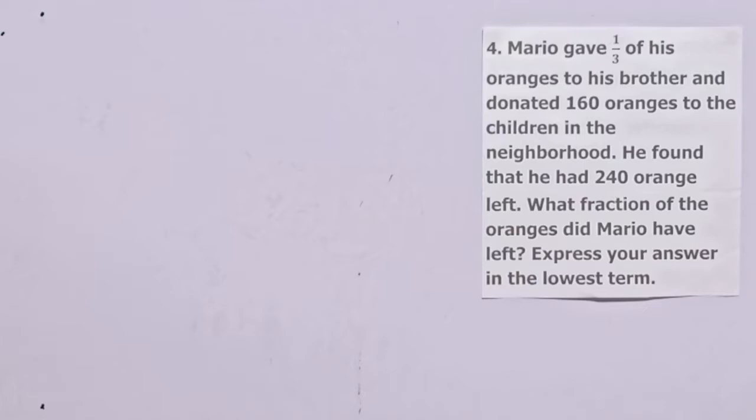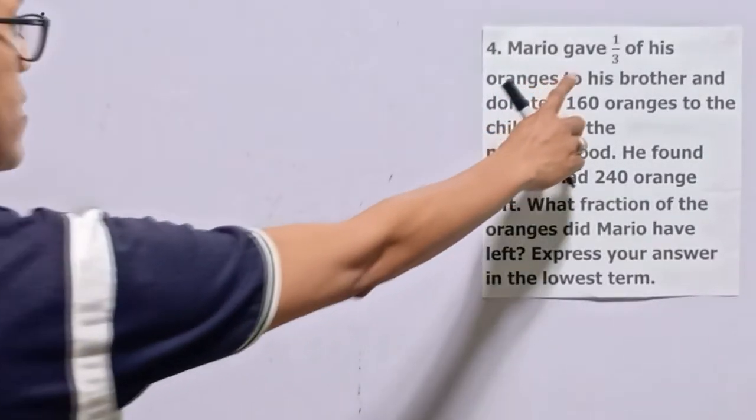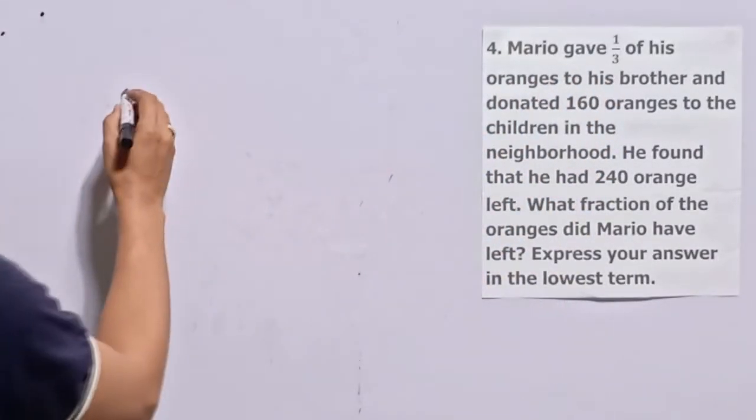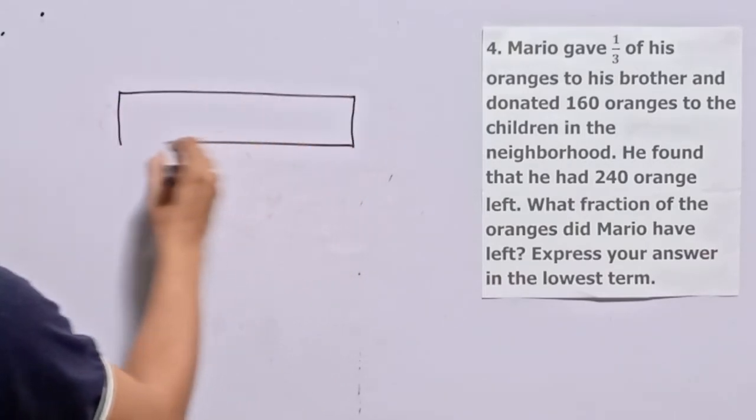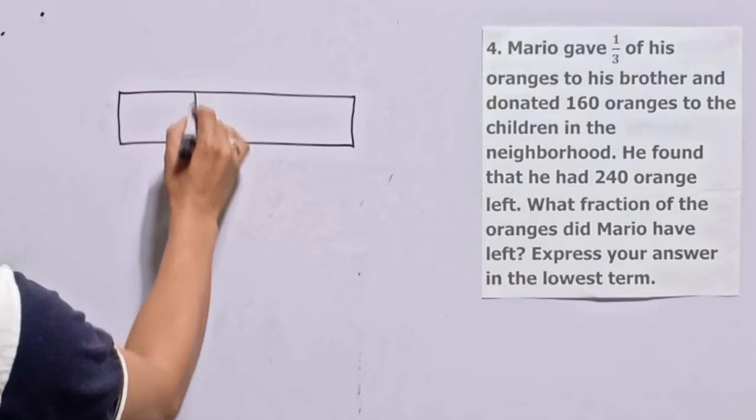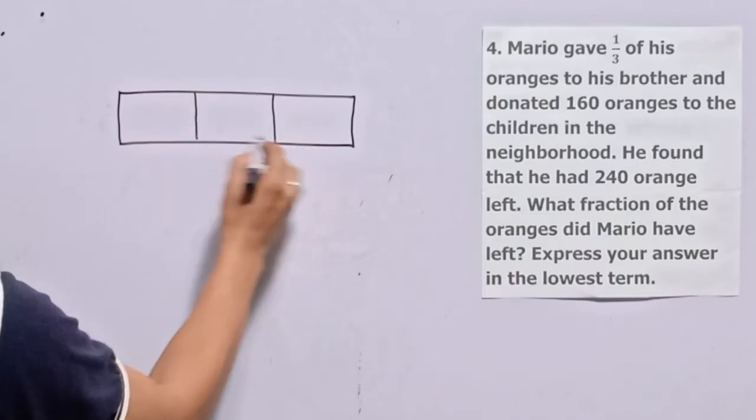First, let's have 1/3 given to the brother. Let me draw a block. Let's get 1/3, assuming all the parts are equal.